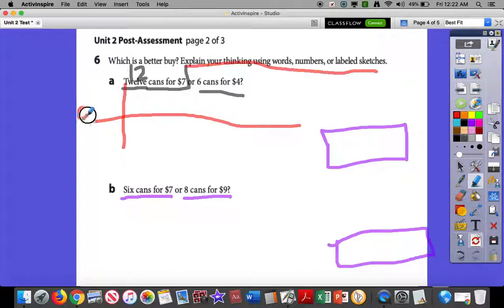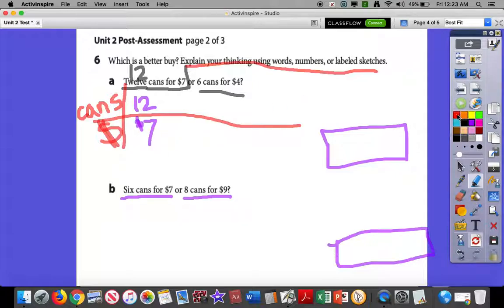So we have cans, right, and money, because it tells you how many cans and how much money those cans cost. So making a table, we're just going to enter the information we know. We know 12 cans is $7. A little money sign there, $7.